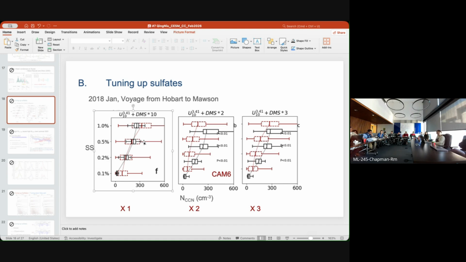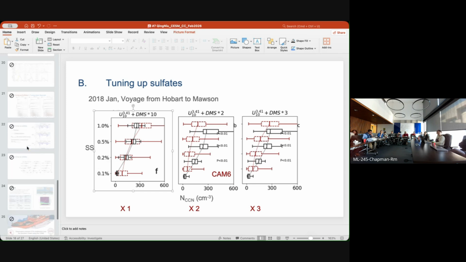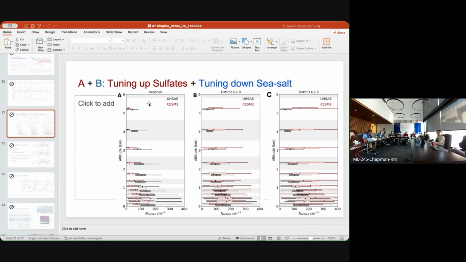As for the DMS emission scaling not being effective, we can also see the figure of this one, where I showed the same updates but for the simulation of SOCRATES data, which is over the Southern Ocean in the center. So times 2 and times 3 vertically show that times 2 is okay for simulating the accumulation mode and also total number concentration, while times 3 is overestimating, overshooting all the way from the surface to 6 kilometers high.